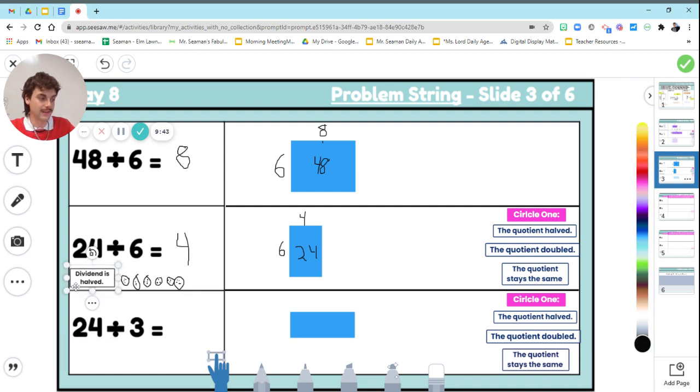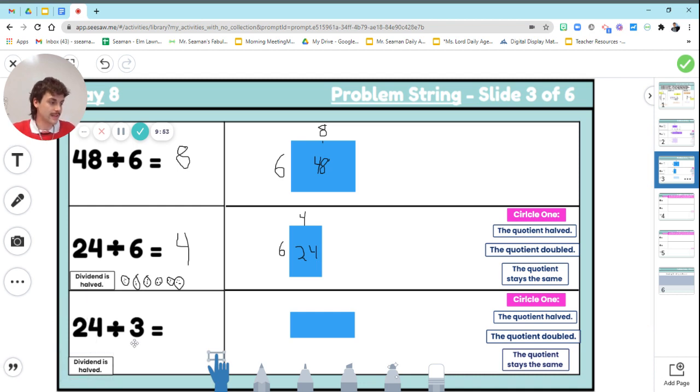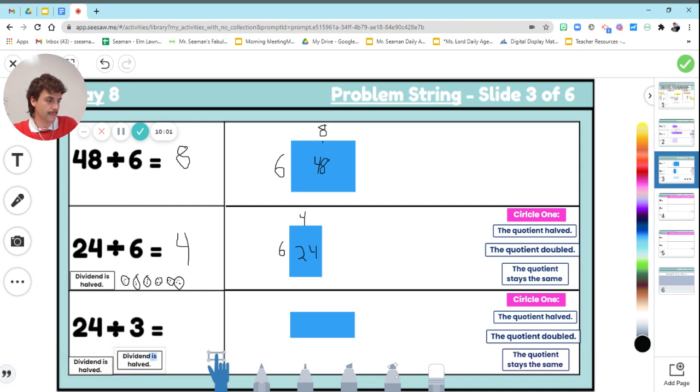Okay, so I did make a little mistake there, but my bad. So going from the first to the third, the dividend was halved. And now if you notice, the divisor is also halved. I'm going to put the divisor is halved.